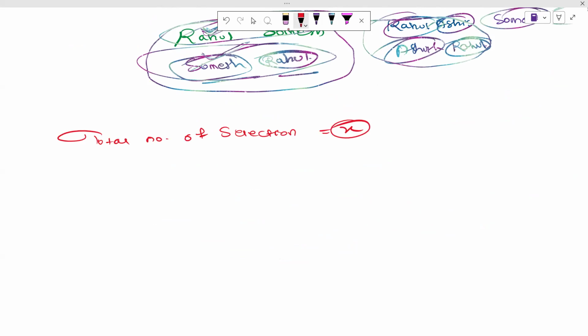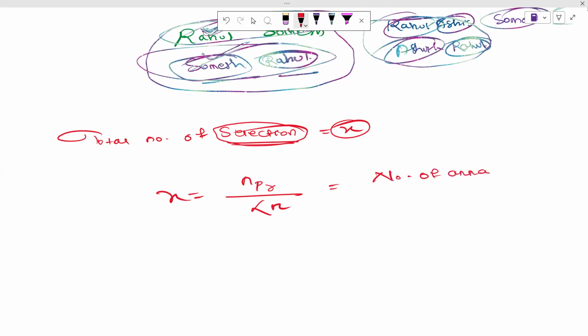So here I'm just saying n different items selected r at a time. Whenever you find the word selection in the question, you can say that the total number of selections is nothing but the permutation, nPr divided by factorial of r. Which is nothing but the number of arrangements.